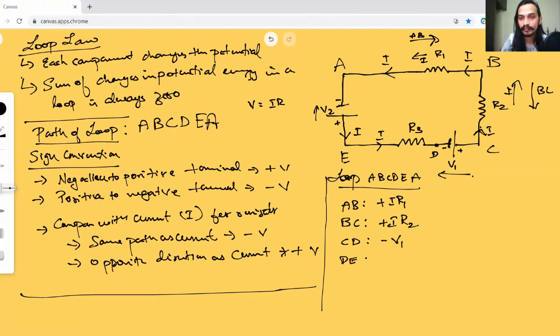Next comes D to E. D to E is again a resistance. This is my direction of movement for D to E, and the current is in the opposite direction, right? Meaning it is positive voltage I into R3.